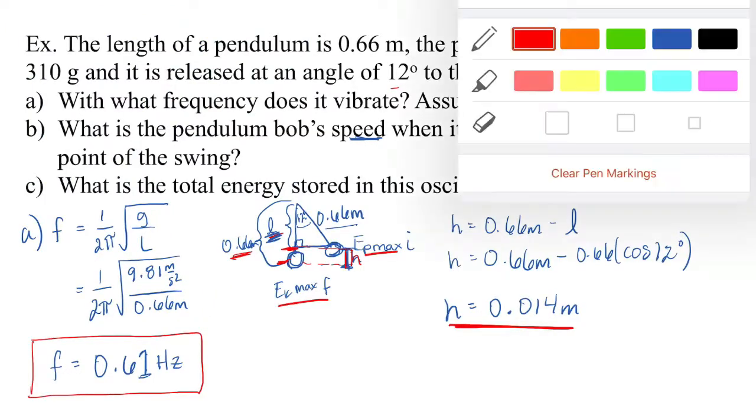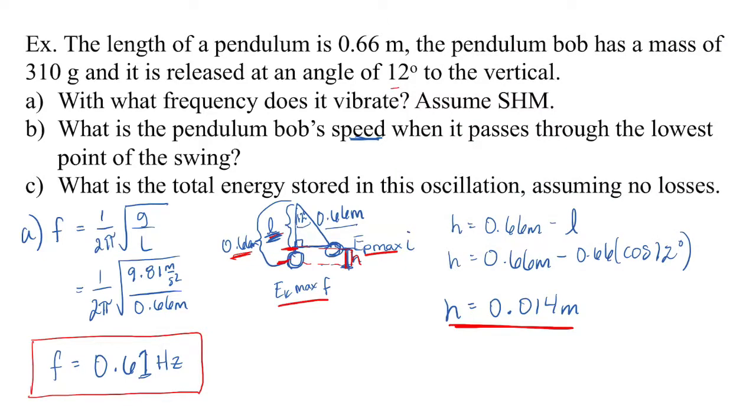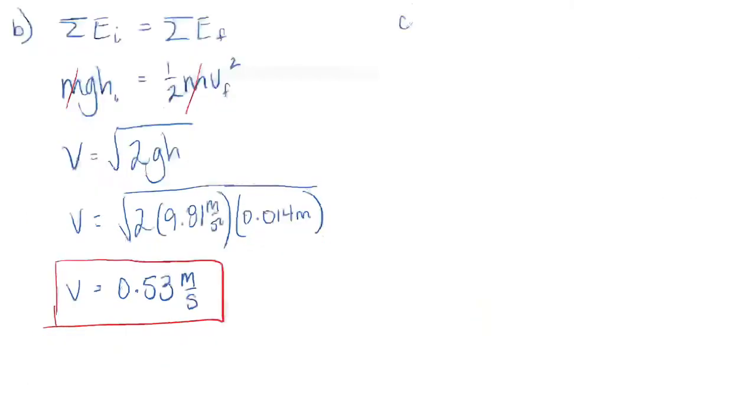Okay, there was one more part of this, so let's take a look at what it's asking us. So what is the total energy stored in this oscillation, assuming there are no losses? Okay, so remember, total energy, it's kind of talking about mechanical energy, okay? Because we know it's just going back and forth from potential, which is mgh, plus kinetic energy, which is 1/2 mv squared.